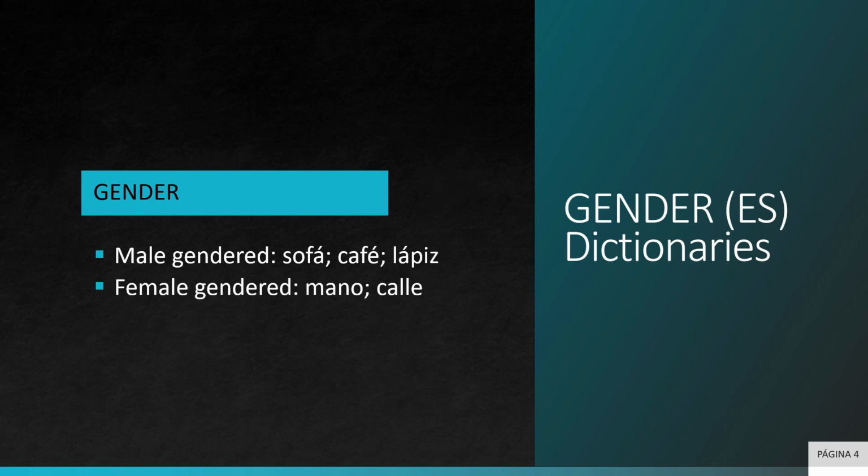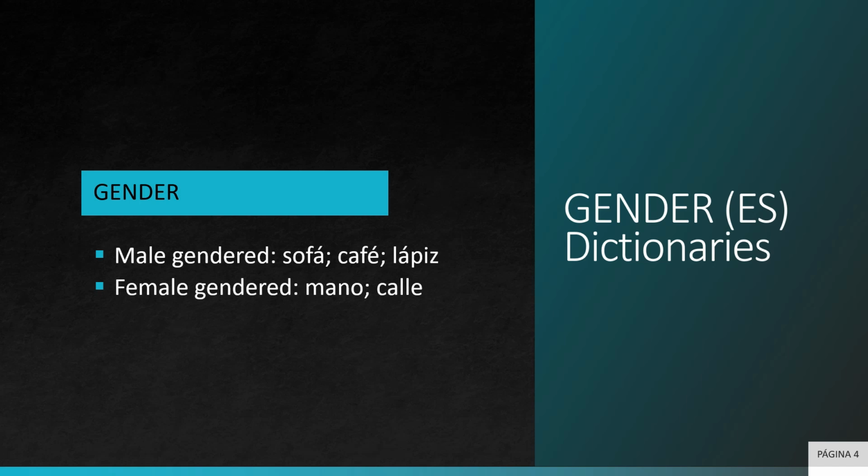O, fíjense en estos otros, ¿qué pasa con café, con calle, con lápiz? No terminan ni en o, café, lápiz, ni en a, calle, y sin embargo tienen género masculino o femenino. ¿Qué pasa en español? En español el gender no viene dado por asociación biológica.